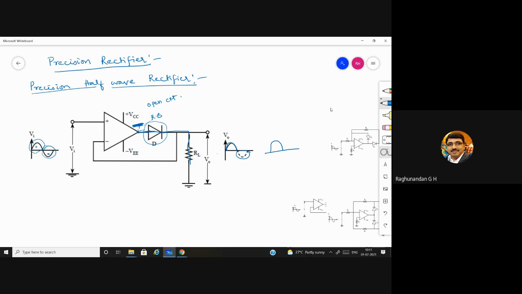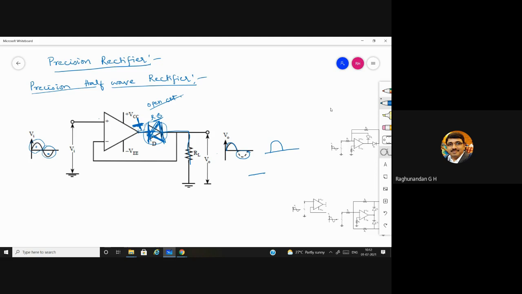Suppose you make this diode inverted, in the opposite direction, like this. What happens then? Let us see. When the positive cycle is given, the output will be positive. Whenever you give a positive voltage to the negative terminal, the diode will again be reverse biased and open circuited, so the positive half cycle will be 0.